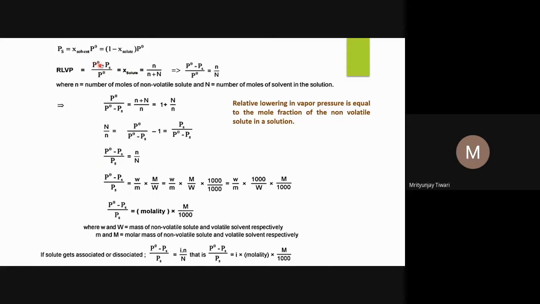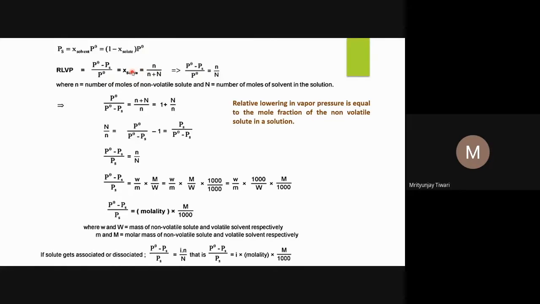So it will become 1 minus 1 plus X solute, whole into P naught, divided by P naught. So P naught will get cancelled out in numerator and denominator, and 1 minus 1 will also cancel out, and X solute is the only thing that is remaining here. So I hope you understand this. This is what we obtain.